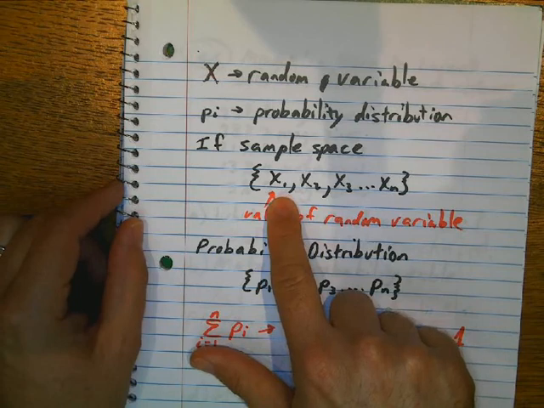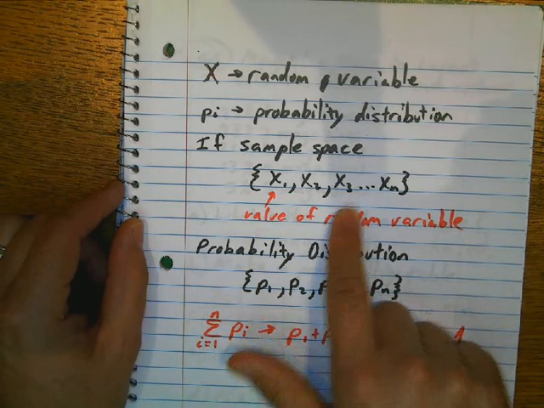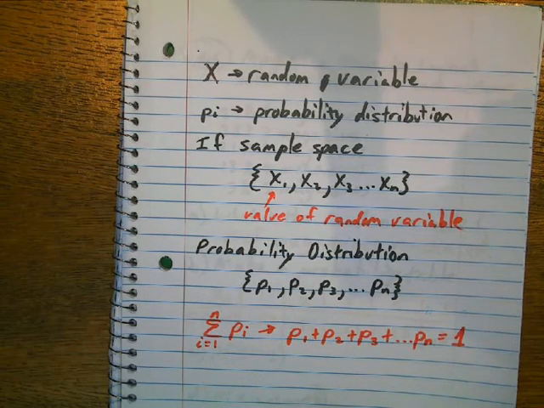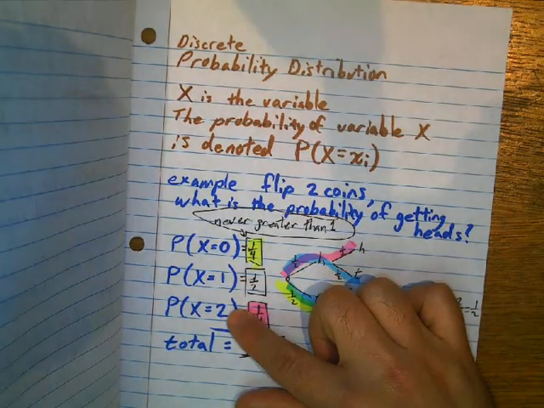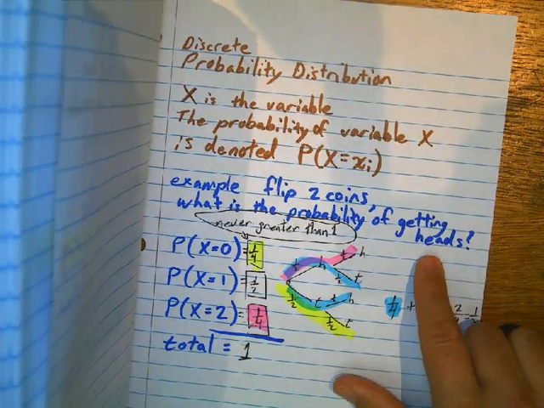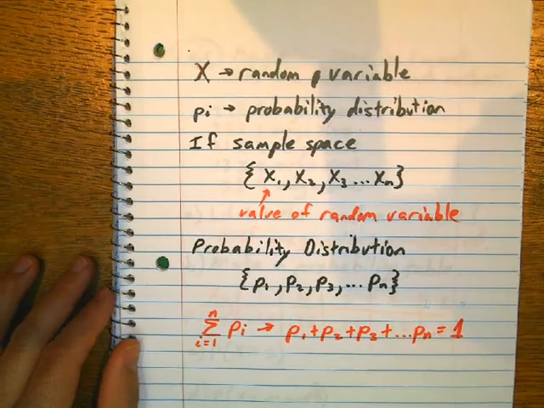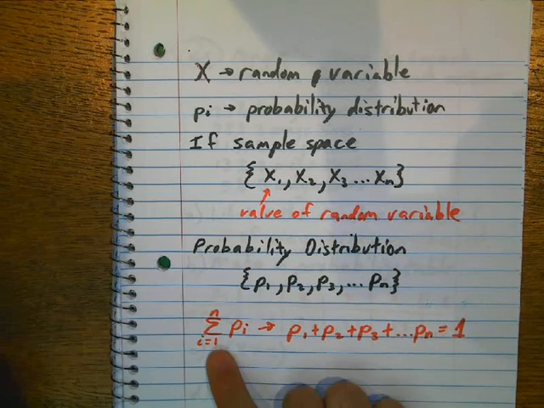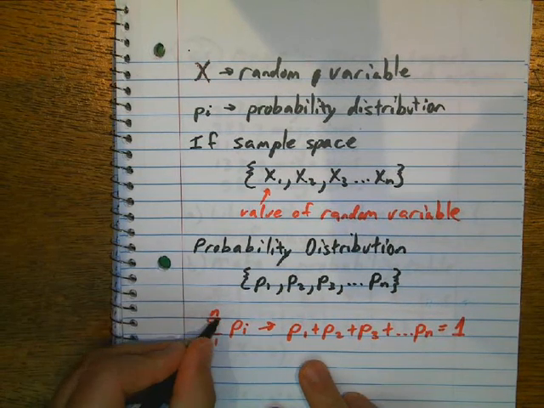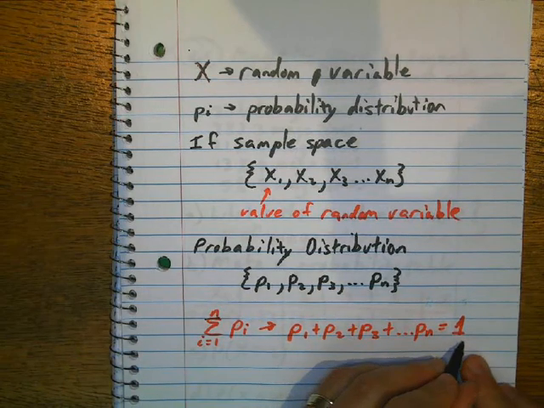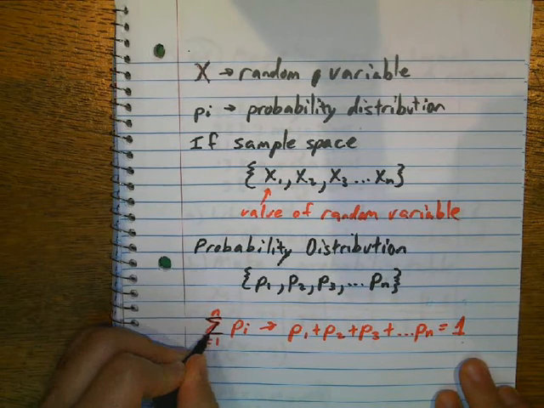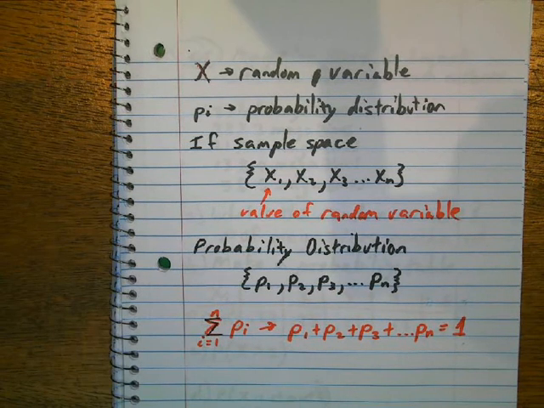Lowercase x with subscript 1, subscript 2, subscript 3, those are the values of the random variable. In the previous example, the values were 0, 1, and 2. Those were the number of times we were going to get heads. Hit pause, replay, think about this for a minute. But as we just said, the sum of all those probabilities has to add up to 1. The sigma symbol stands for sum, and when we add all those, we get 1.